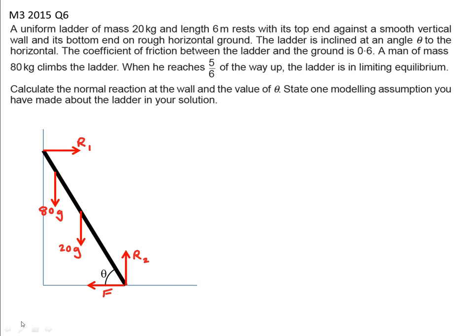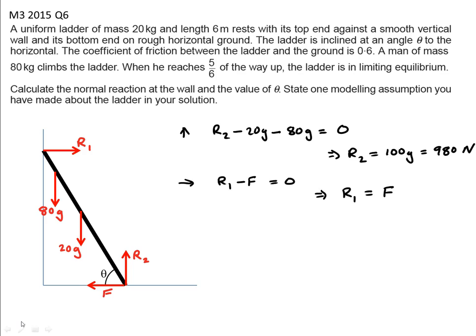So if we now start obtaining the equations from the equilibrium of the ladder, if we start by resolving vertically upwards, we have R2 minus 20g minus 80g must equal 0. So R2 must equal 100g or 980 newtons.